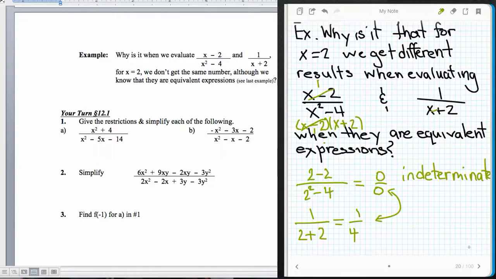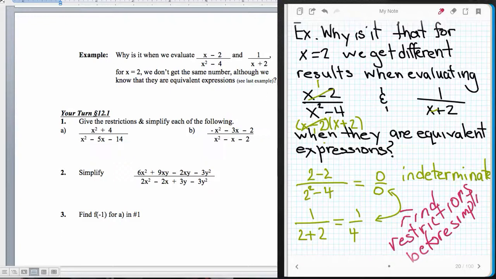So this is just to point out the fact: find restrictions first before you simplify. And this just points out the fact that it does make a huge difference. In one case, we get something that's indeterminate versus something that is a real number.